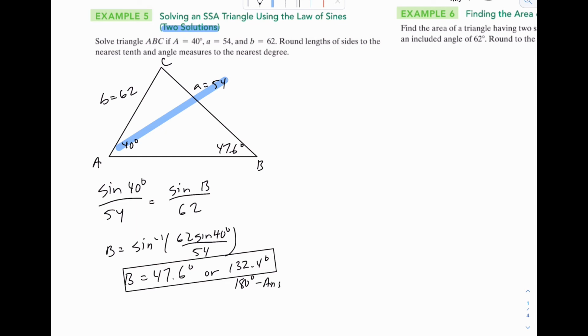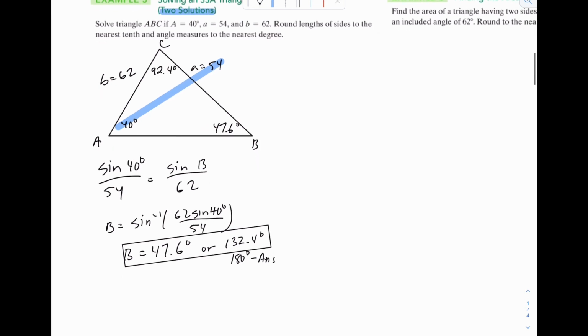If that's 47.6, this one should be 92.4. And then let's figure it out. So C over sine of 92.4, that should equal 54 over sine 40.